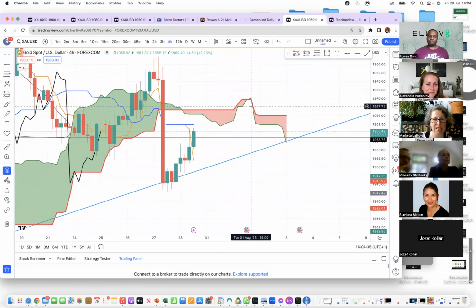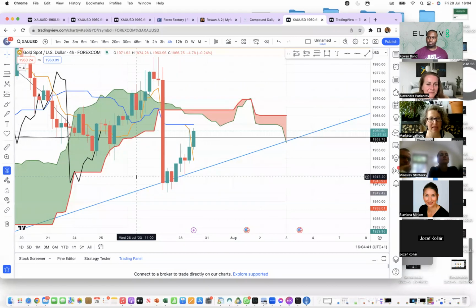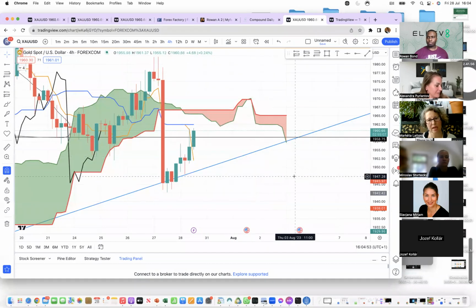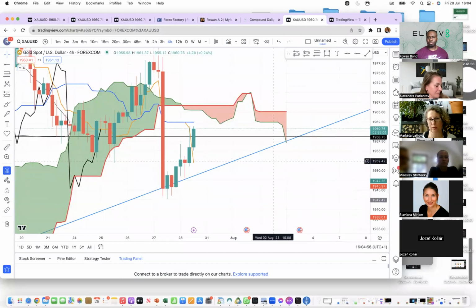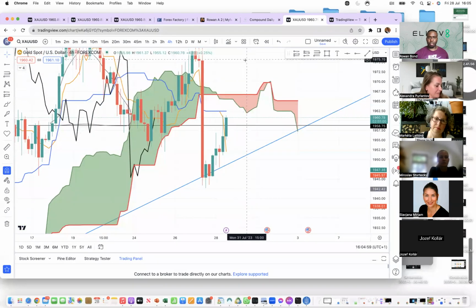Price is below the cloud. The lagging line is inside of the cloud. The conversion line is below the baseline, which is the blue line is above the orange line. So what that tells me is price is not going to continue going up.